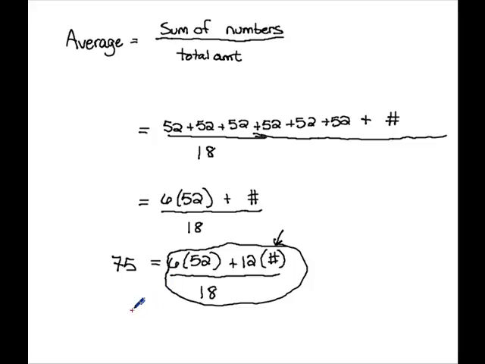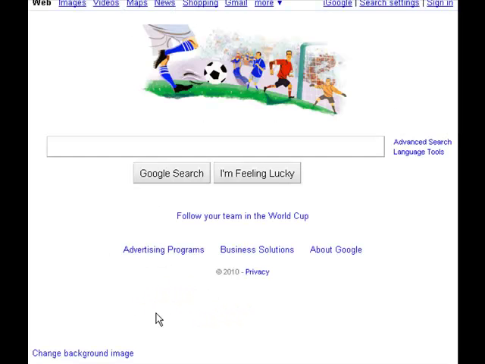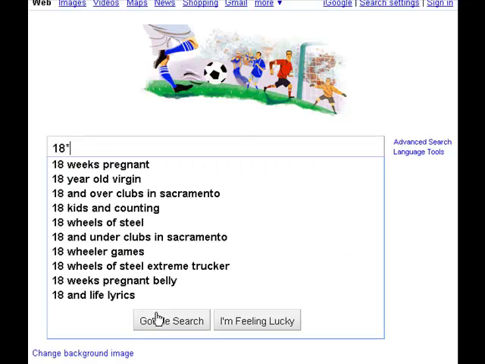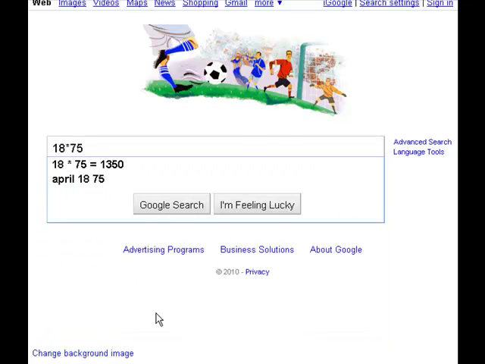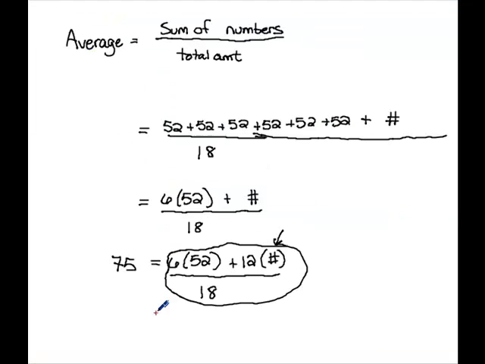So at this point, multiply both sides by 18. 75 times 18 is 1350. So we go over here. 1350 is equal to 312, oops, 312 plus 12 times number.